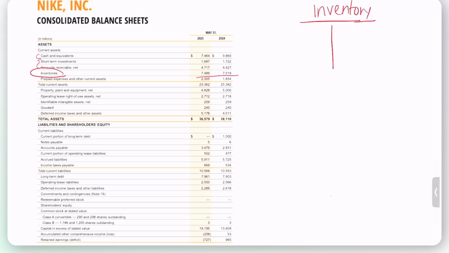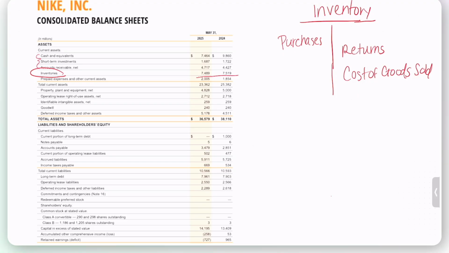Of course, Nike would have individual accounts for each type of inventory, but overall, they're going to lump them all together as one line item on the balance sheet. And purchases of inventory would increase the inventory account, and returns would decrease the inventory account, and cost of goods sold would represent a decrease to the inventory account.